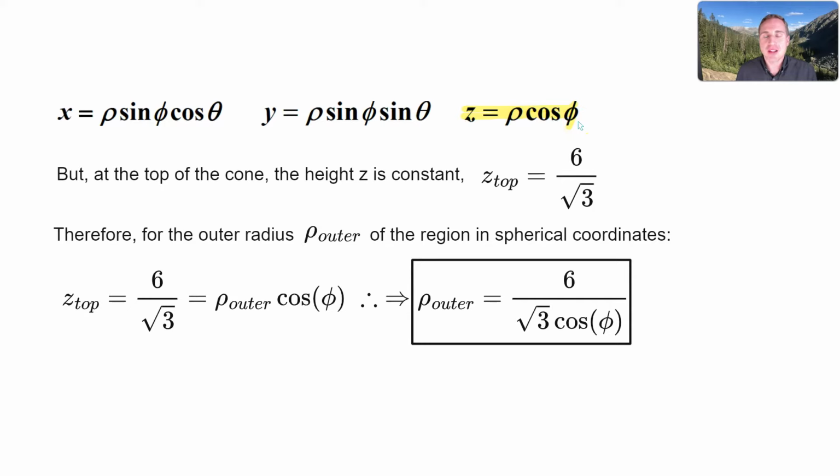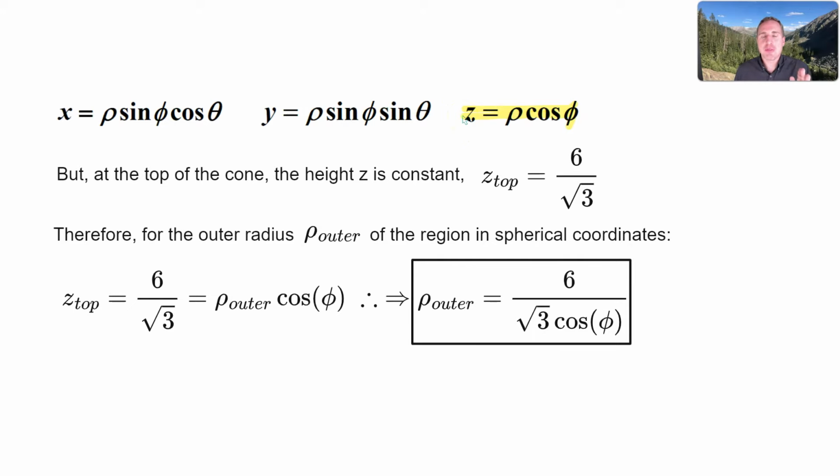But because we're most interested in the top of the cone, we know the most about z there, and because we want to get the outer radius of this spherical coordinates integration, we want to call this z top, because it's the top of the cone.